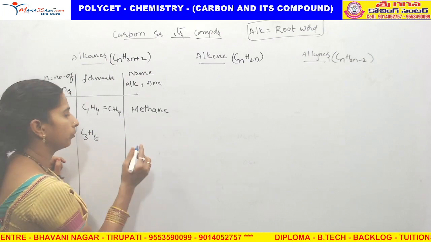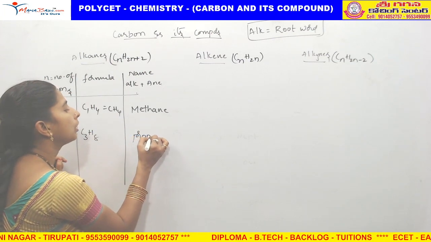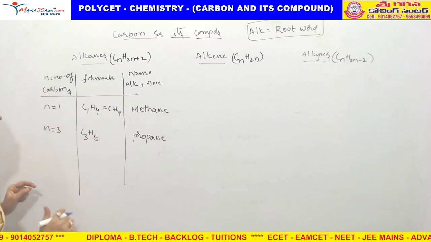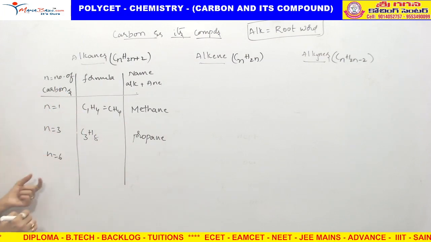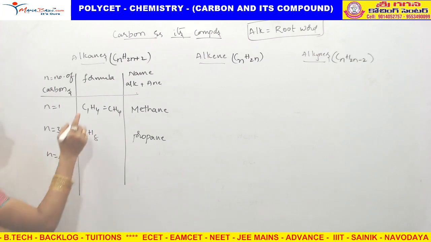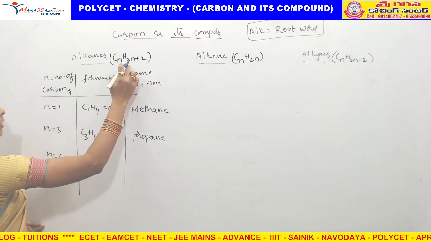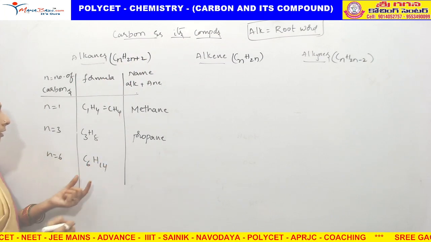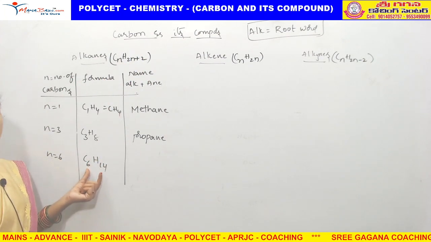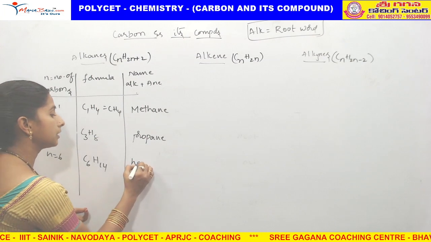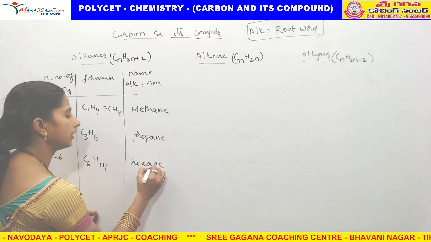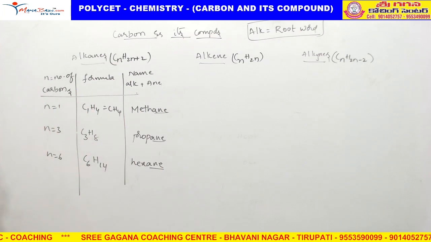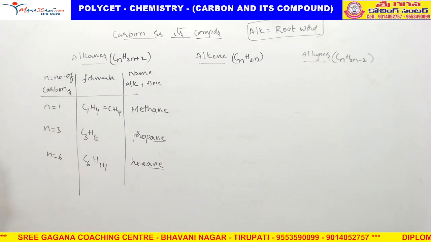Prop plus ane, propane. 2 carbons means eth plus ane, ethane. For example, n is equal to 6. C6, H 6 times 2 is 12 plus 2, 14. H14. 6 carbons means hex. Hex plus ane, hexane. This ane is very important. I hope you understand.